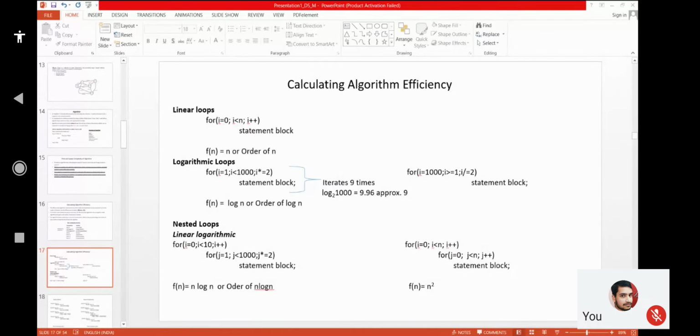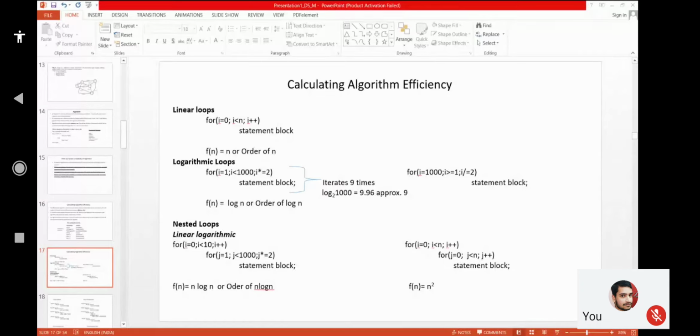When i equals 1, it will execute. Then the value of i will be changed to 2 into i, that means 2. So when 2, it will execute. After that, the value of i will be what?